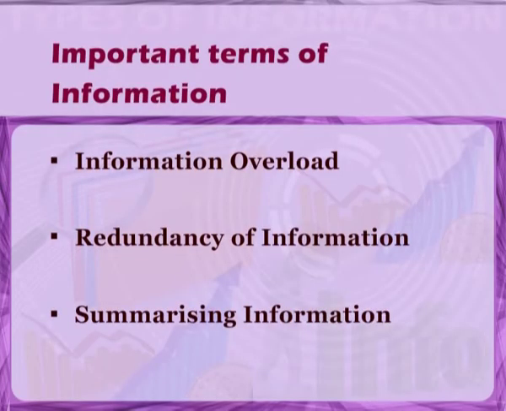Redundancy of data and information is expected on a limited scale, because the redundancy sometimes is considered as an essential feature to ensure that the information is received and digested. Summarizing information. Summarizing information is the process of aggregating. It reduces the volume of information without affecting essential meaning.